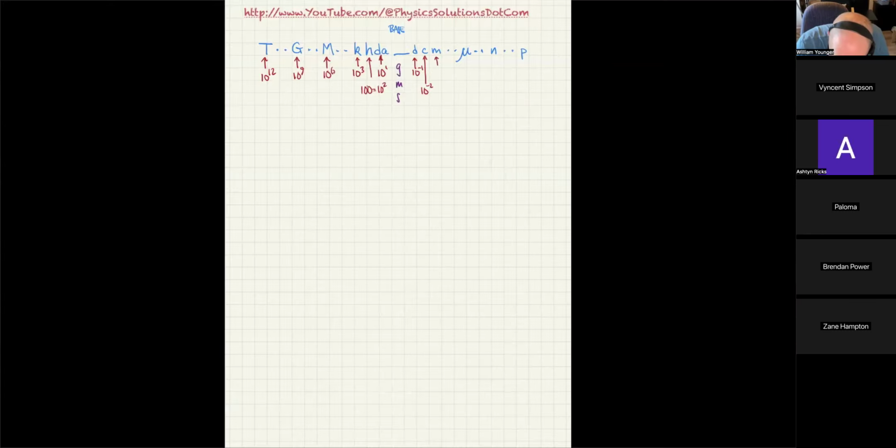And a milli is 1/1000th, so that's 10 to the negative 3. Then we go by leaps of 1,000. So the next one is micro, which is 1 millionth, so that's 10 to the negative 6. And nano is the next. That's 10 to the negative ninth, or 1 billionth. And then pico is the next one, and that's 10 to the negative 12th. And that would be 1 trillionth.